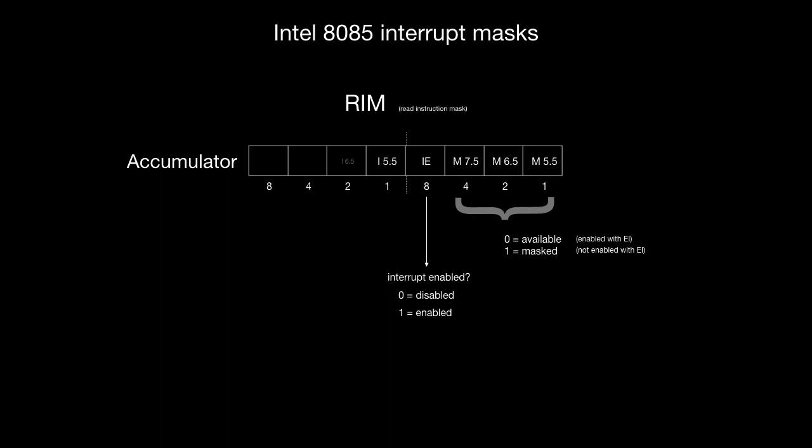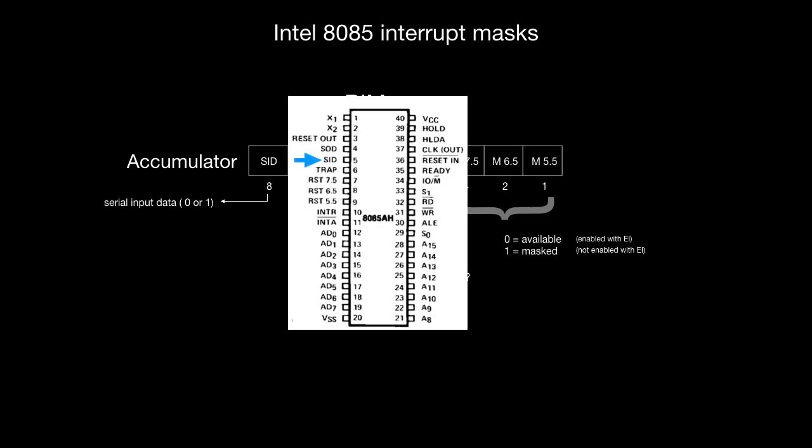The other bits are just the state of the interrupts if the interrupt is pending. So 0 for no and 1 for yes. And the last one, that's the SID, that's the serial input data. So on your CPU you have your pin SID, and with the RIM instruction you will read the value on this pin.